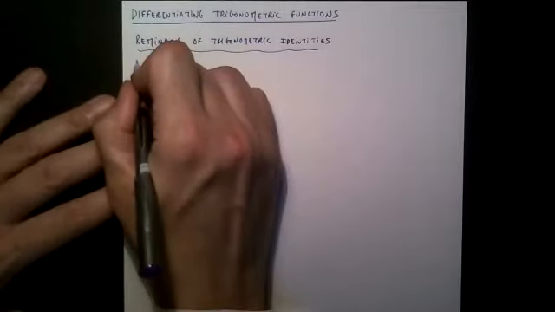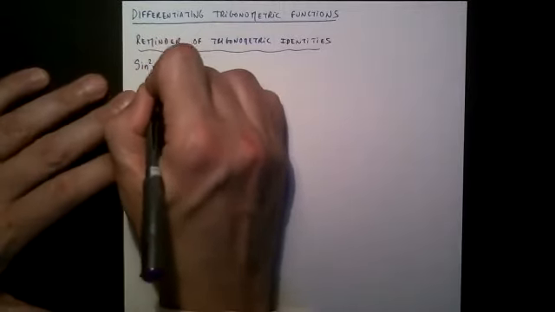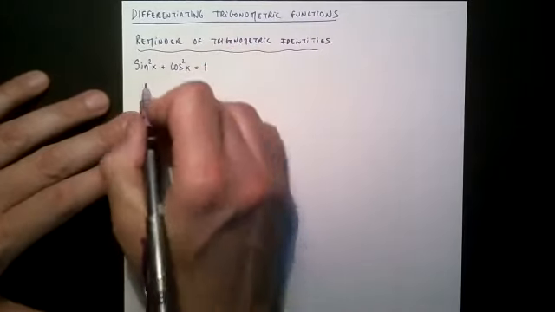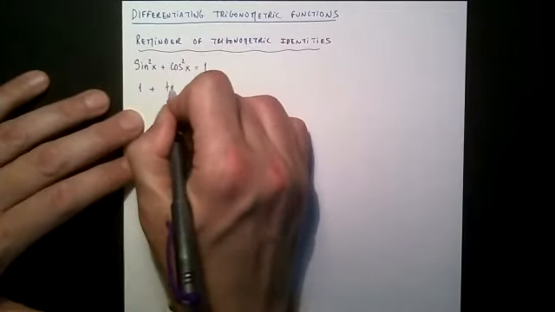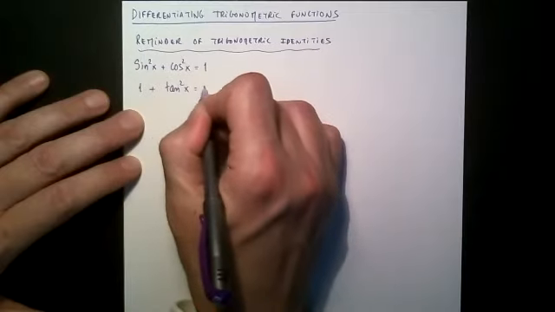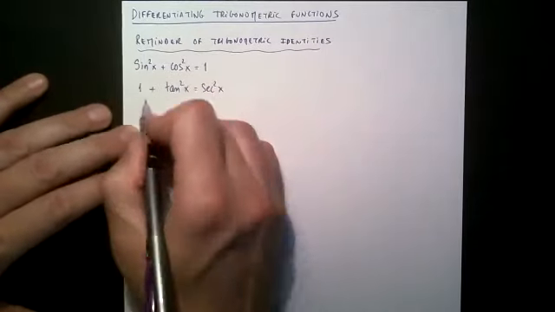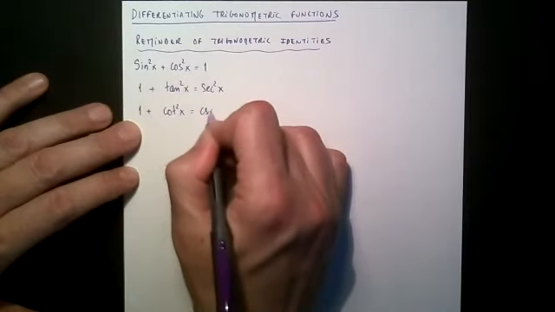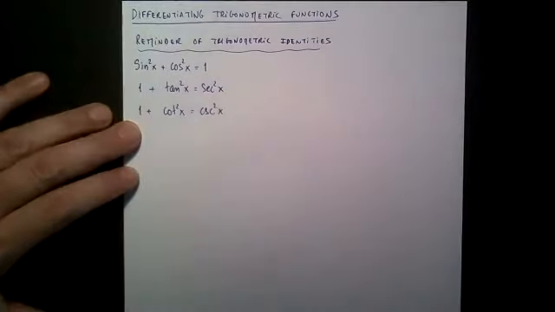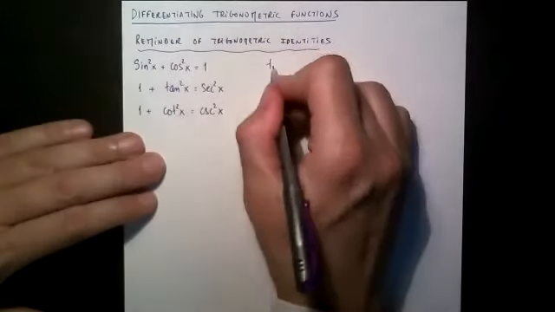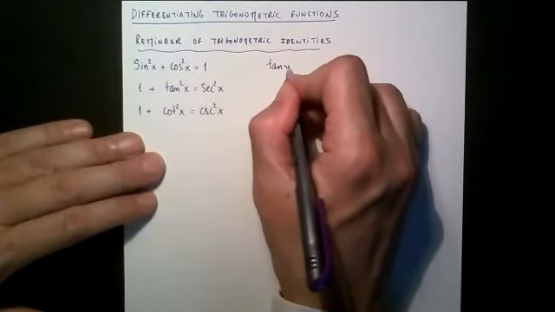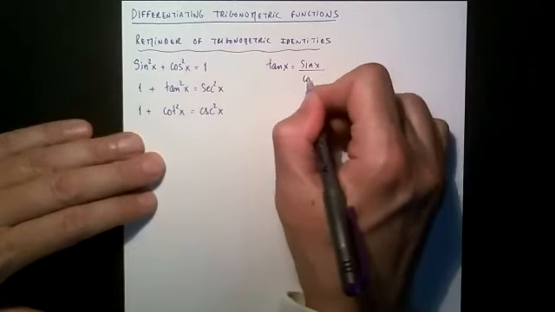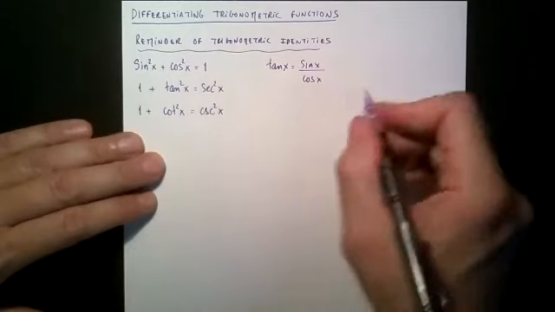The first identity, the basic one: sine squared x plus cos squared x equals 1. 1 plus tangent squared x equals secant squared x. 1 plus cotangent squared x equals cosecant squared x. Then tangent x is sine x over cos x.